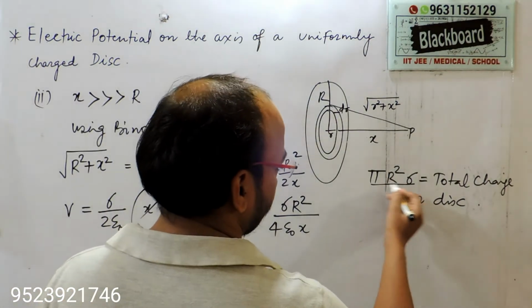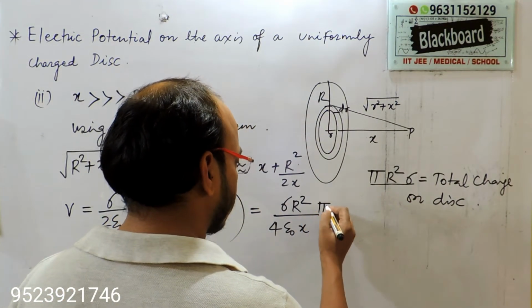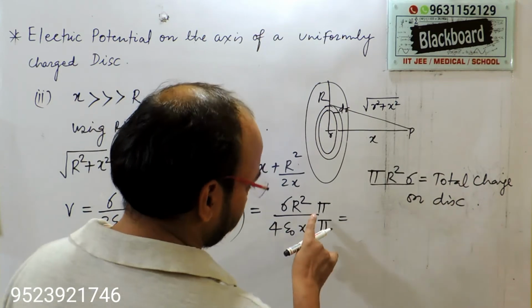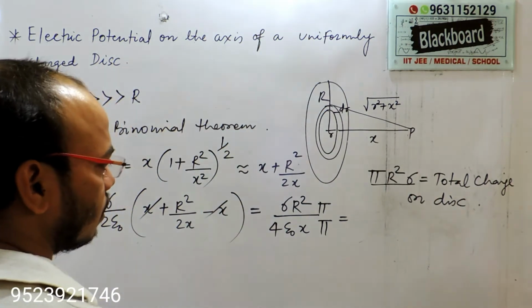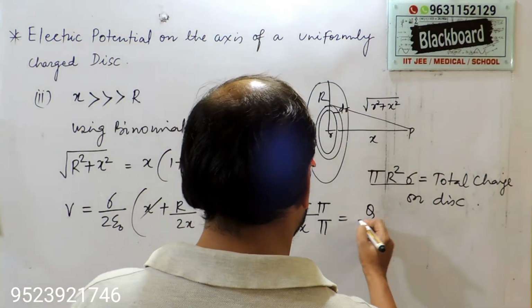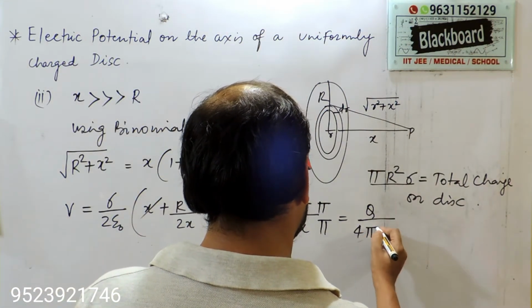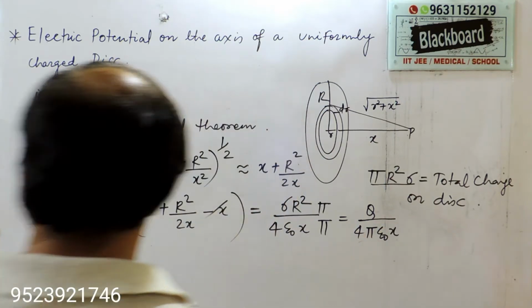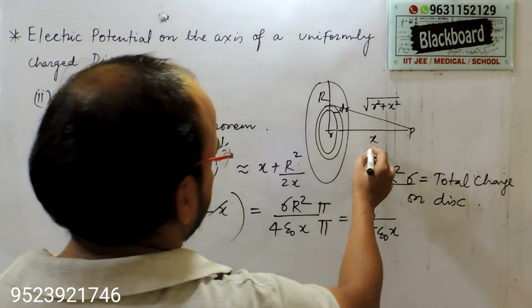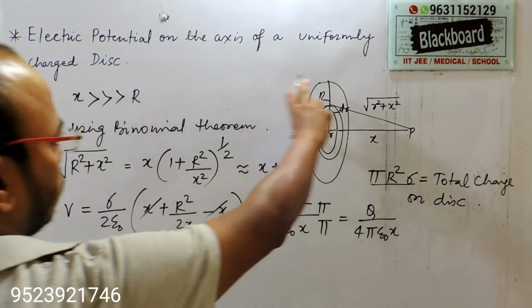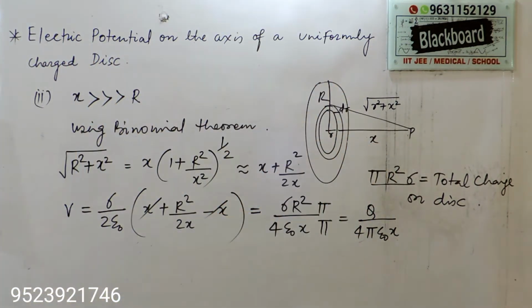To make this term the numerator, we multiply and divide by pi. That means pi r square sigma is the total charge on the disk, let this charge be q, so this is q by 4 pi epsilon naught x. That means this is the potential at P if x is very far with respect to the radius of this disk.